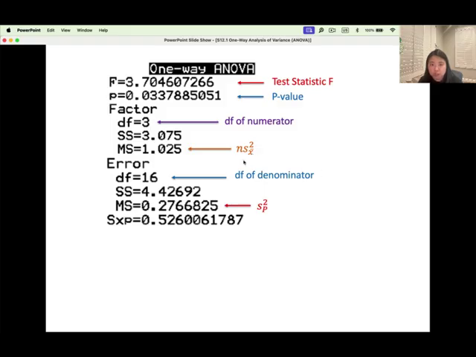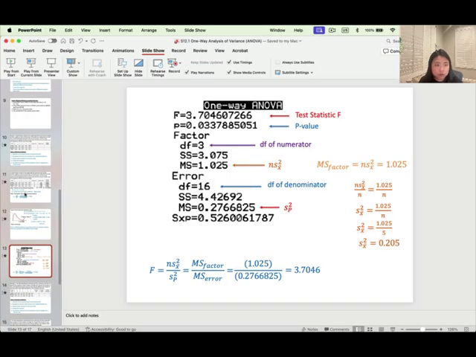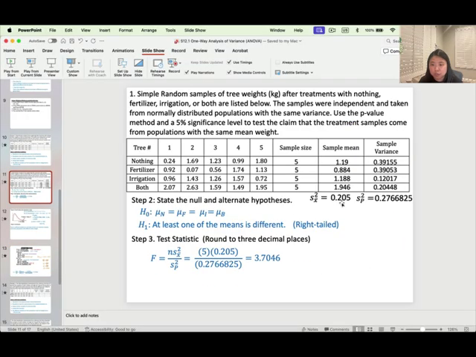The variance of the sample means equals 1.025. We divide it by n for both sides, so this cancels out. The n is equal to 5, so when you divide, you get 0.205. It matches with here, 0.205. This is the variance of the sample mean.